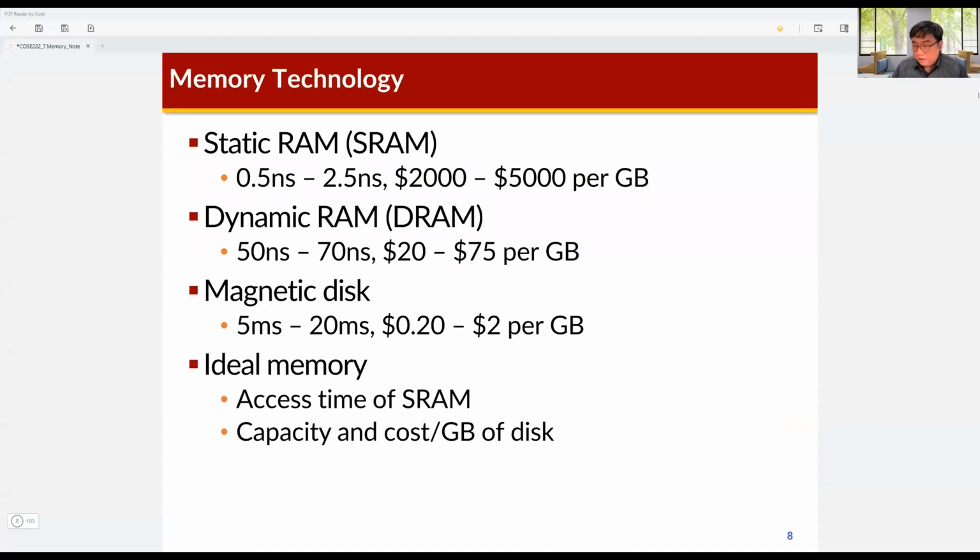So I will briefly explain the memory technology. As I mentioned, there are different types of memory, and this slide explains them.